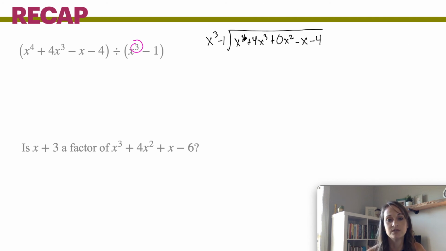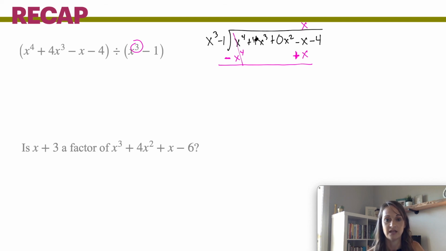X cubed goes into x to the 4th x times, because x times x cubed gave me x to the 4th. So x times negative 1 is a negative x times x cubed is an x to the 4th. So when I subtract, I'm actually going to change the sign. So that's going to be a negative, and that's going to turn positive.